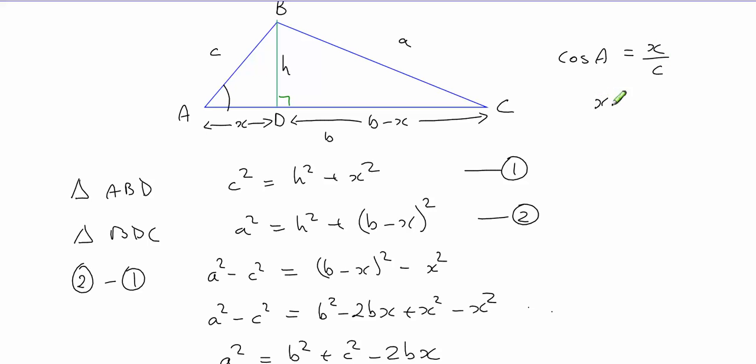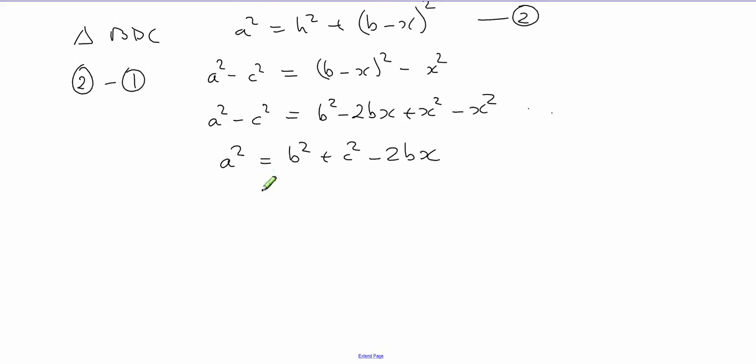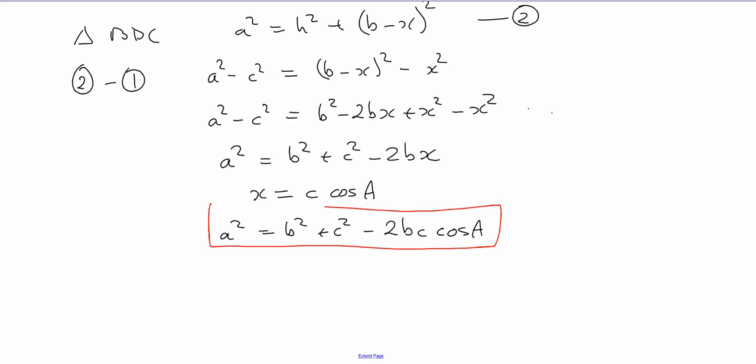So x, if I rearrange, is equal to c cos A. So substituting that into this equation, x equals c cos A, we have a squared equals b squared plus c squared minus 2bc cos A. And that is the cosine rule.